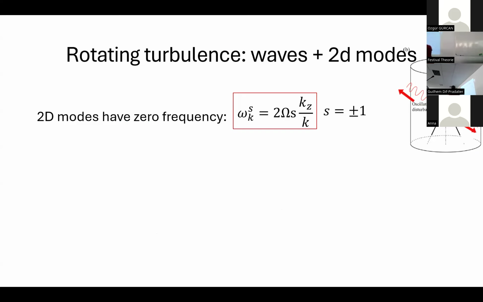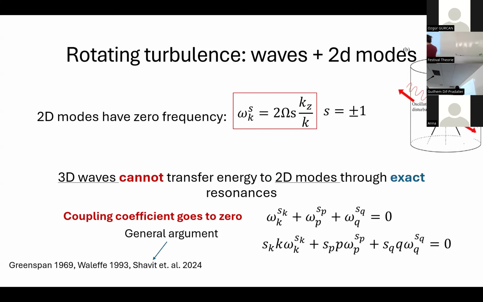But 2D modes have 0 frequencies. They're not actually waves, because the wave frequency depends on KZ, and KZ is equal to 0 for 2D modes. That's the definition of 2D modes for me. So that means that they're not waves. And there's a general result that says that 3D waves cannot transfer energy to 2D modes through resonance.